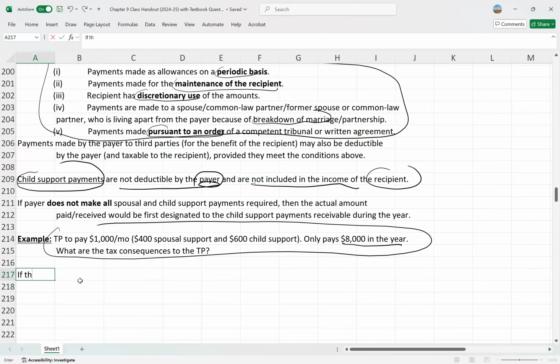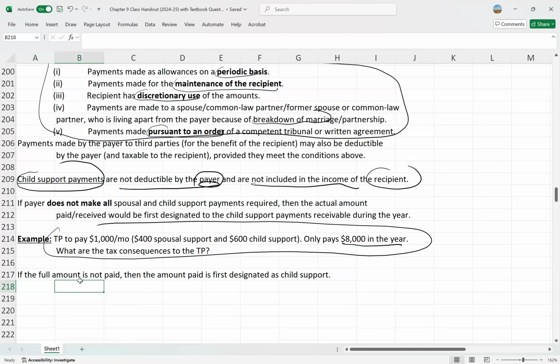So if the full amount is not paid, then the amount paid is first designated as child support. Basically it penalizes the payer, saying that if you don't pay the full amount, then we're going to treat the amount you paid first as all child support, because then you cannot deduct it.